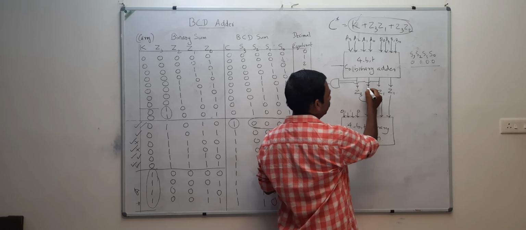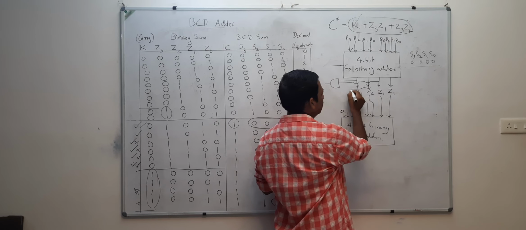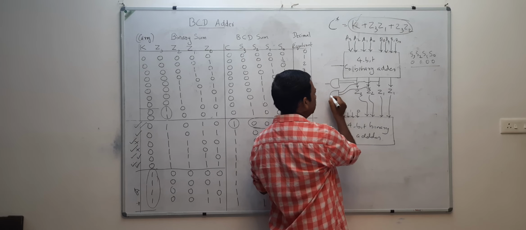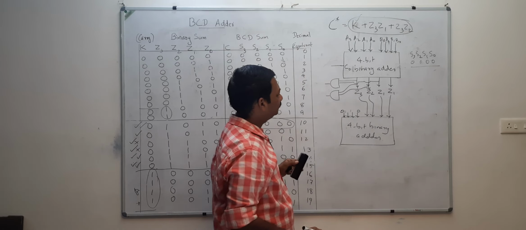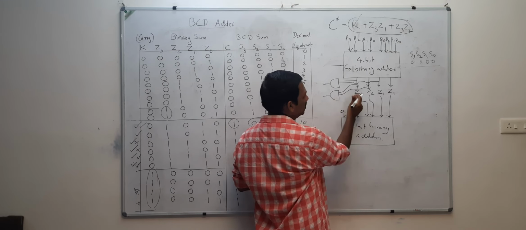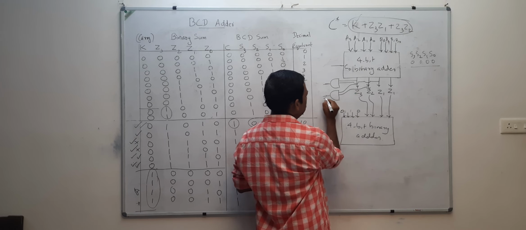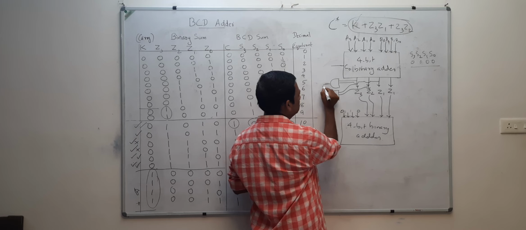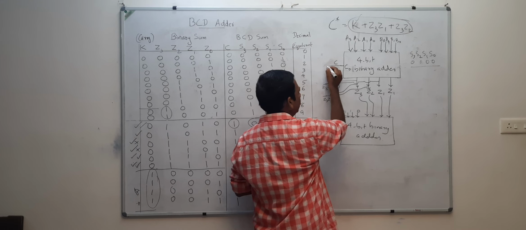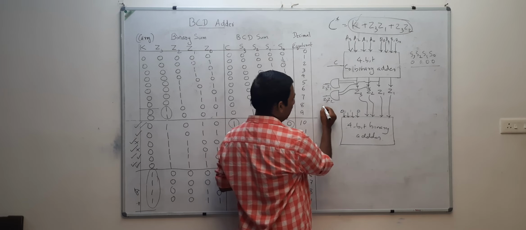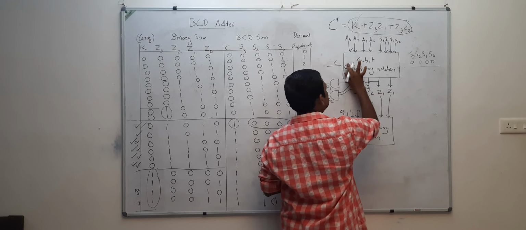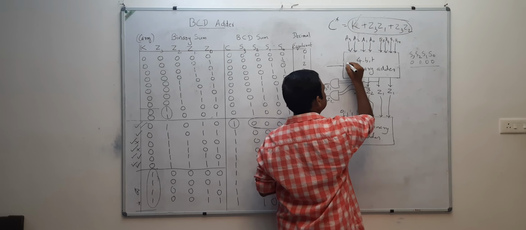That means again you are going to take this, and this is Z3 Z2, and this is Z3 Z1, and this is the carry. Okay. Now we are going to have an adder circuit. That means you have found out, this is actually in our discussion, this is not CO. This is K.